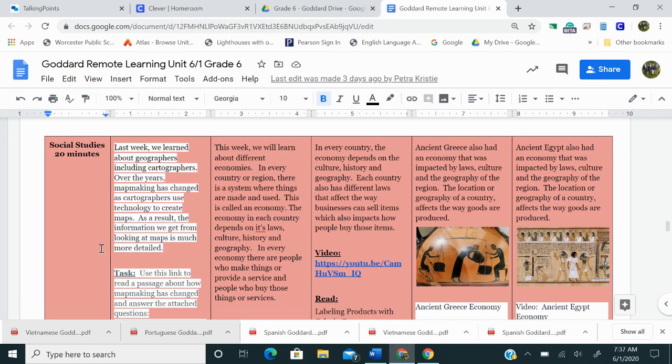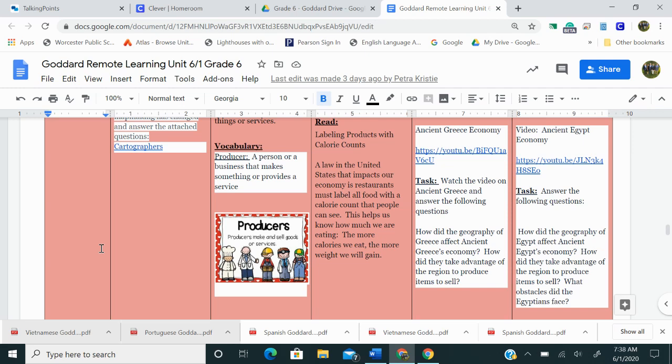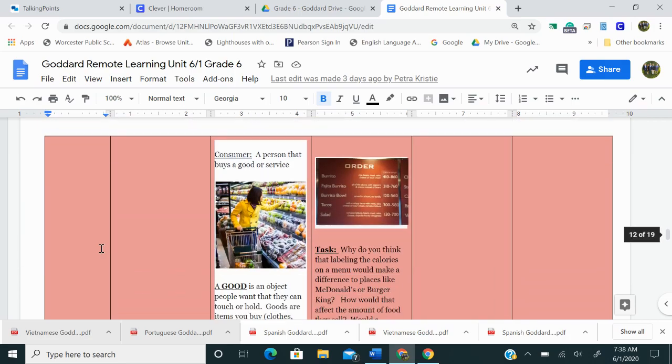As a result, the information we get from looking at maps is much more detailed. Here is your task. Use this link to read a passage about how map making has changed and answer the attached questions. There's your link. If you do the questions on paper, just take a picture of it and send it to your teacher.